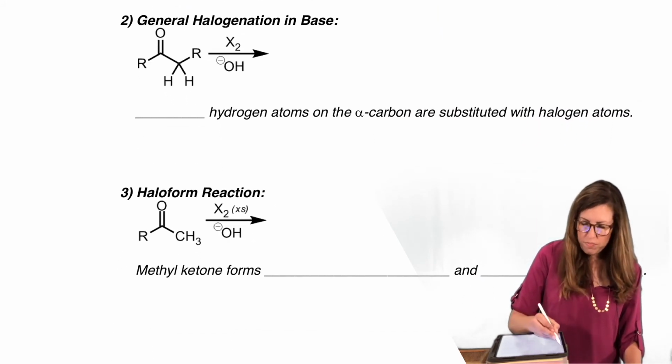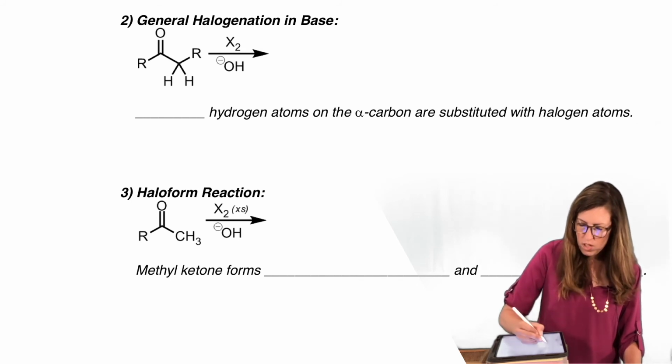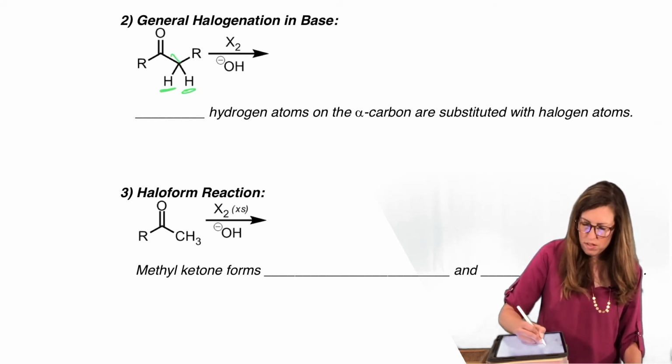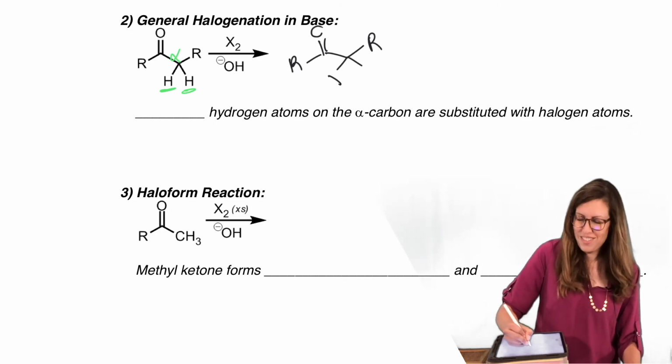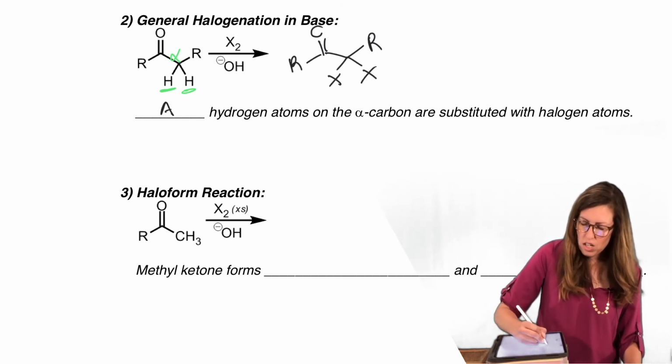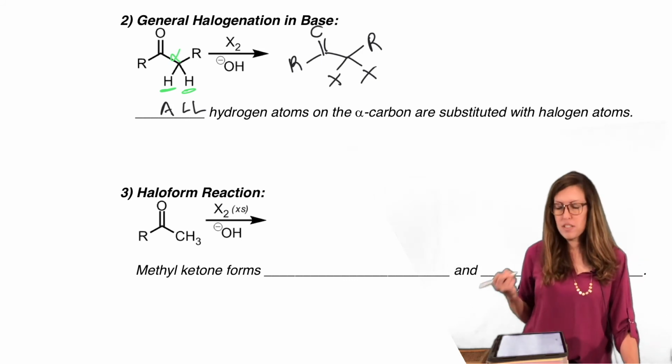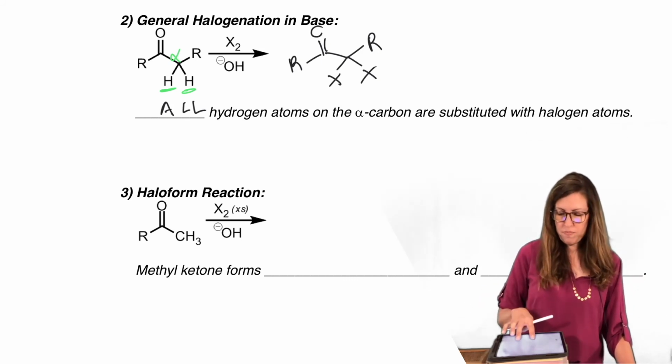Base halogenation. Look, we have two alphas. What's that going to look like? R, both will be replaced. All hydrogen atoms on the alpha carbon are substituted with halogen atoms.